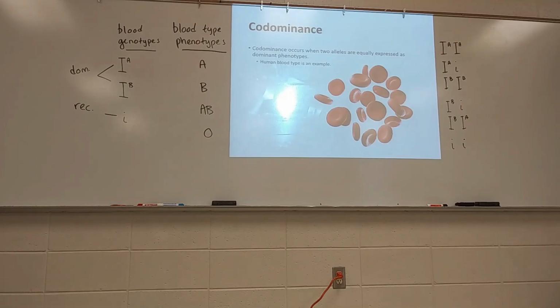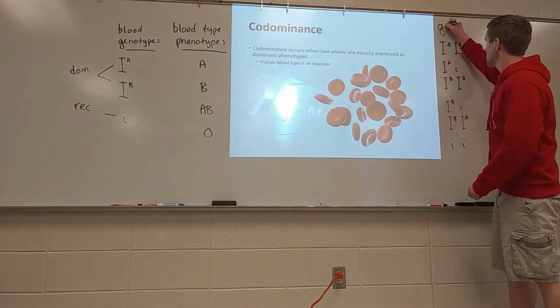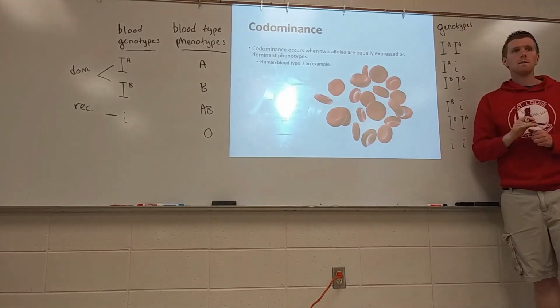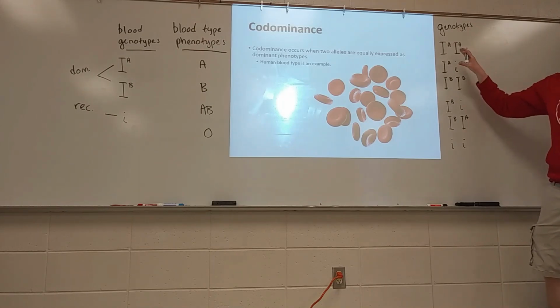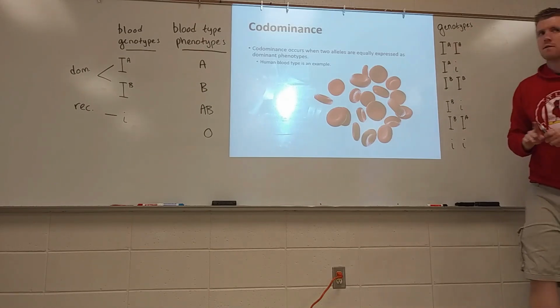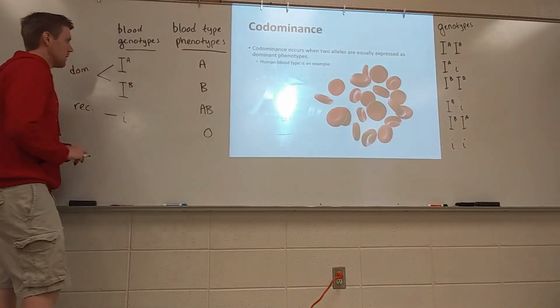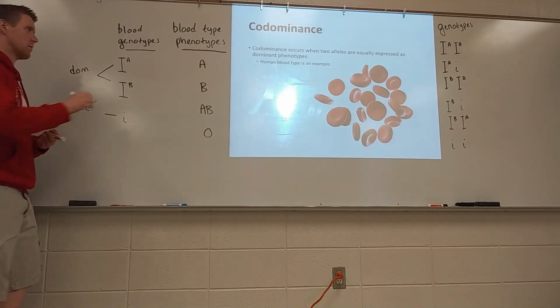Perfect. So these are all of the possible genotypes that you could have for blood type. What are they actually talking about, by the way? What does A and B even mean? Well, they refer to antigens that are present in your blood.